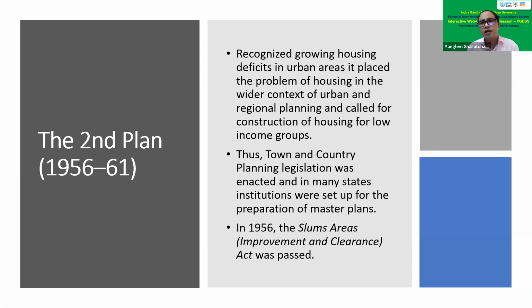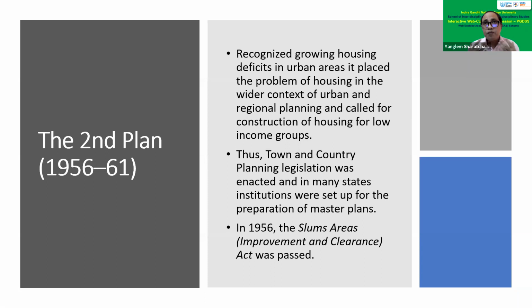In the second 5-year plan, we know that because of those refugees, we needed to develop more houses. We needed to plan properly on that. In fact, because those refugees were not managed properly, there were a number of slums, especially in Delhi.